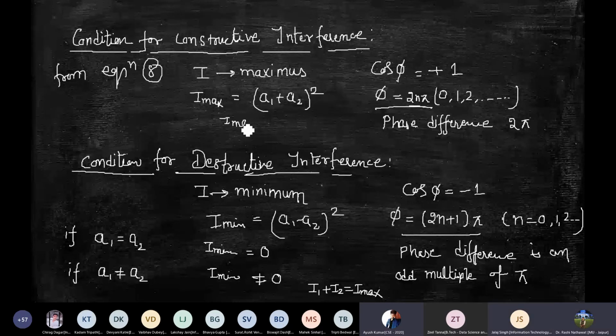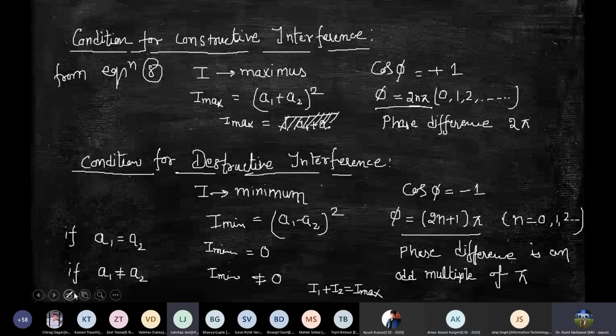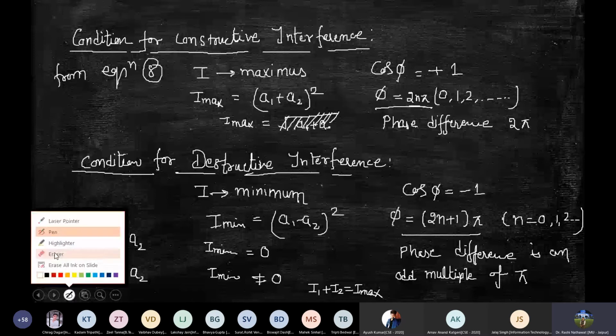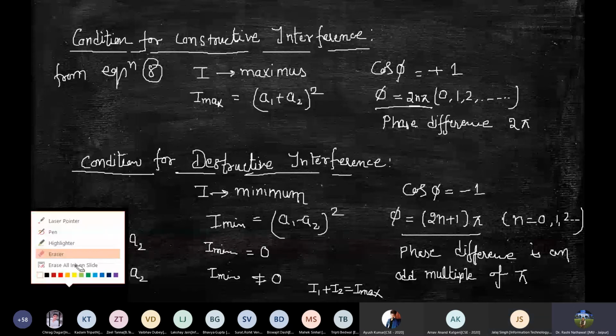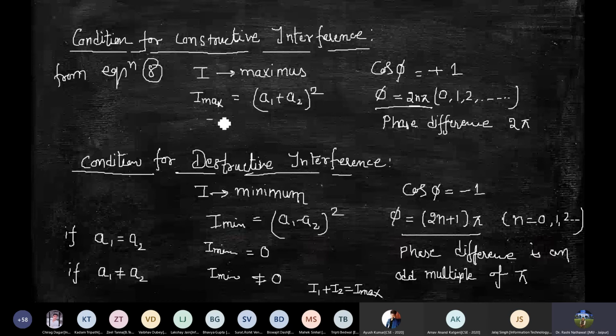You only want to calculate the Imax, right? Ma'am, he is asking for Imax in terms of I instead of amplitude. Yes, that you can write, like A1 square can be written as I1. I will write it down for you.